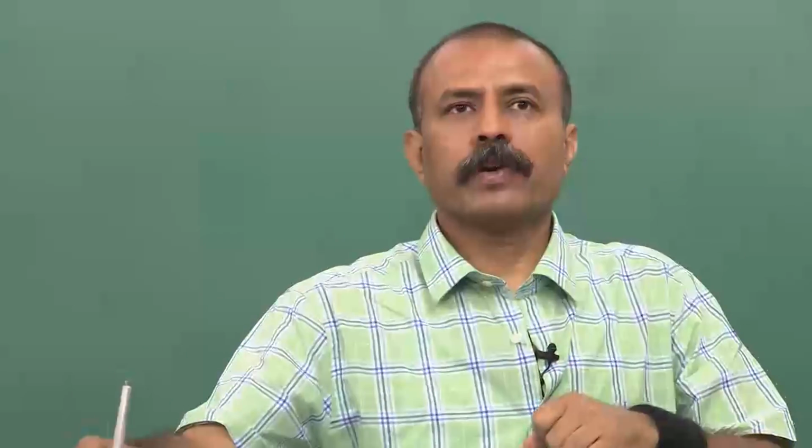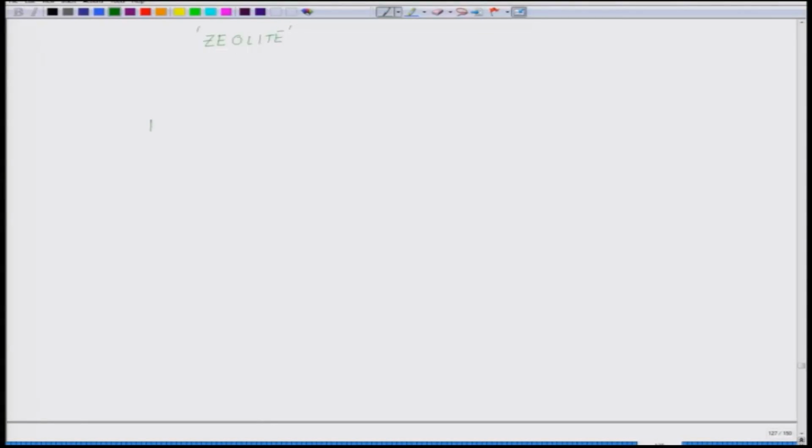So, you pass it through a material where all those alkali metals are removed. Say, for example, if this is the water sample we are talking about, and you are funneling that water sample through this.